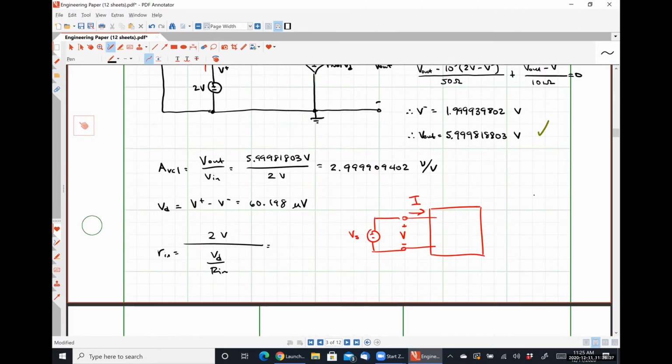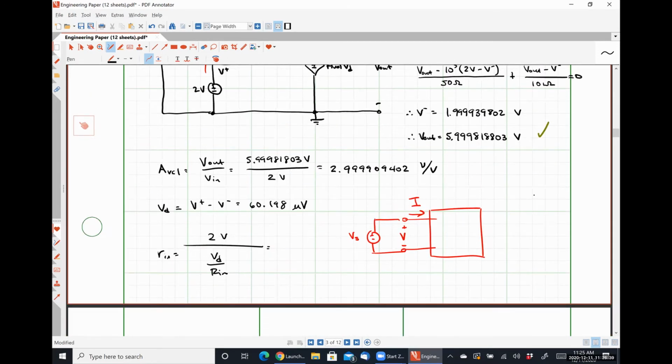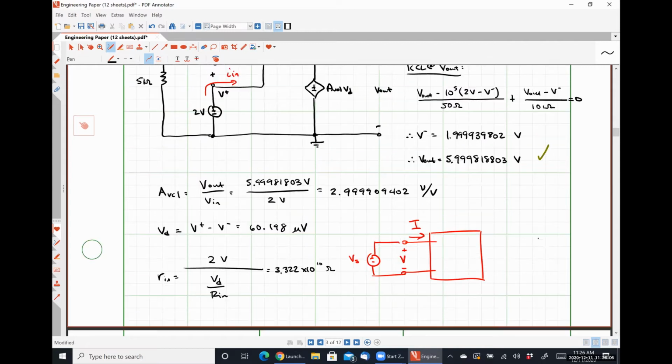Yeah. .322 and some change times 10 to the 10 ohms. So 33 giga ohms. That is the input resistance seen by my op-amp circuit.